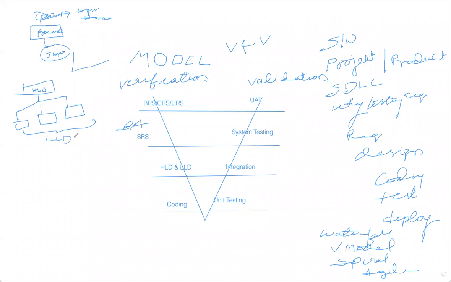So LLD contains the submodule information, hence very detailed information will be available. HLD and LLD will be designed by the designers during the designing phase. Once the design is completed, the developer will start coding based on the LLD.